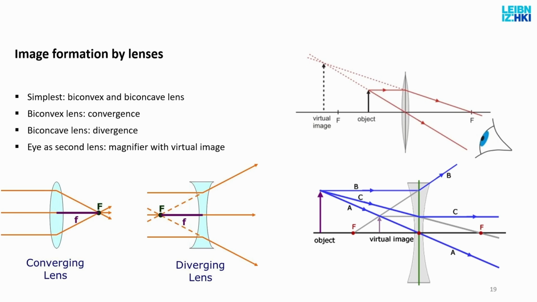My eyes will then collect these lights, and my brain will see it as if the light beam was continuing. And when you continue these two light beams with the dotted lines, you will find a meeting point. Where these extended lines meet is the top of the image. So now I know that the image of this object is that dotted line arrow.